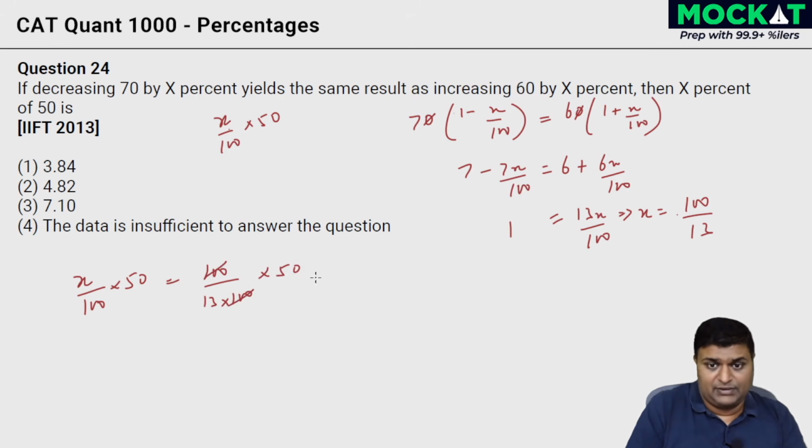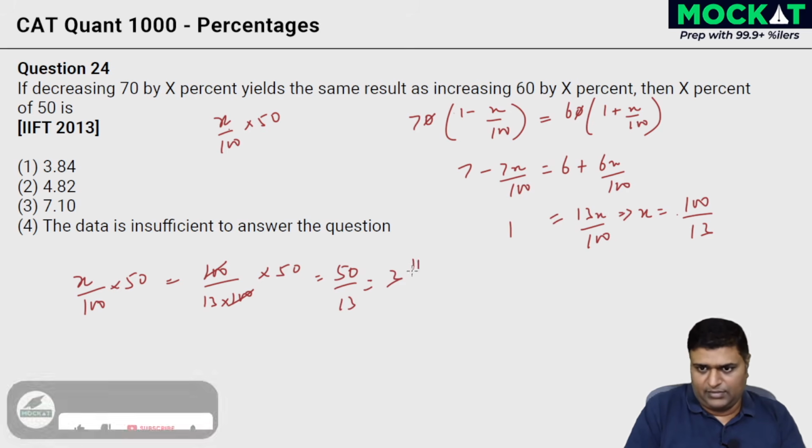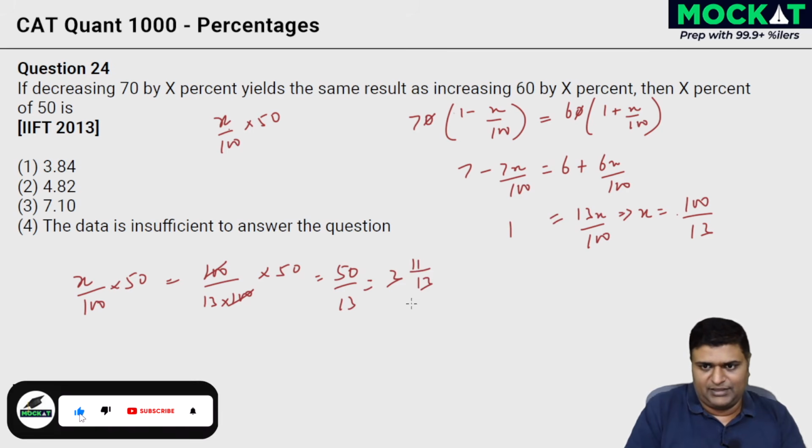The 100 is cancelled. The answer is 50 by 13. 50 by 13 is nothing but 3 13s are 39, and then we have 11 as the remainder by 13. 3 11 by 13 comes to 3.84. Option 1 is the answer here.